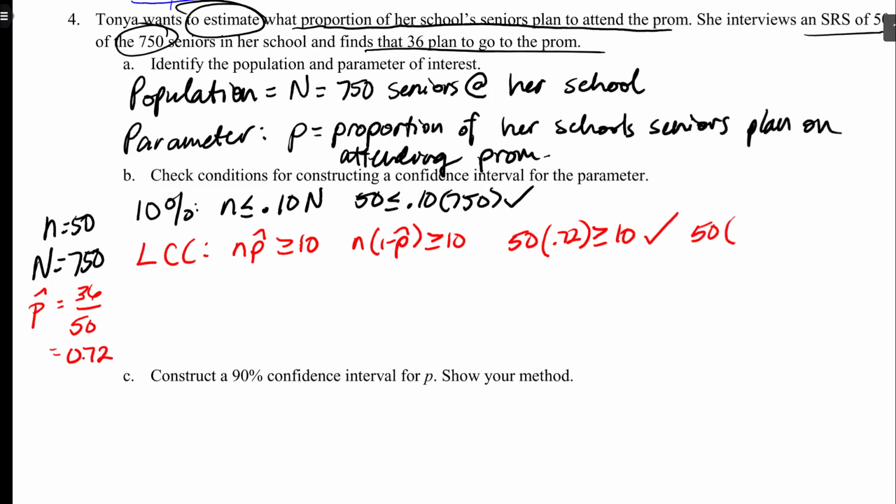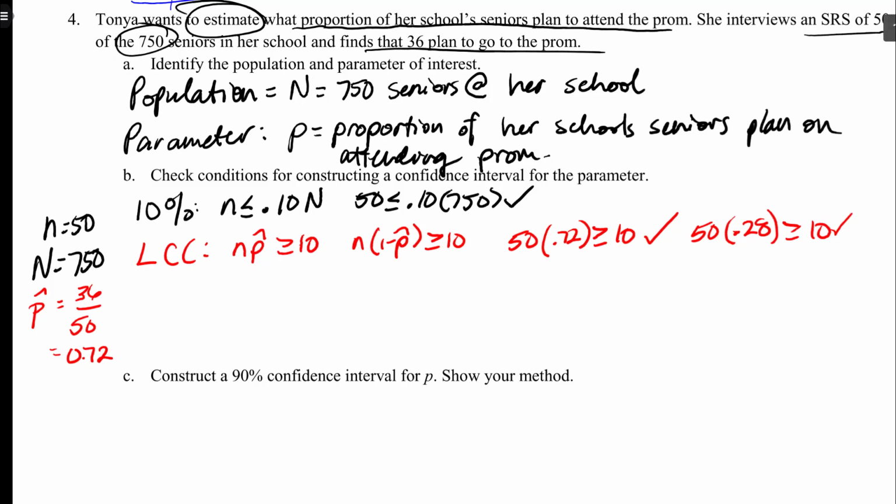So I check 50 times 0.72, and then if 72% said they were going to attend the prom, that means 28% said they must not be planning on attending prom. But 28% of 50 is still going to be greater than 10, so I can say that my LCC is checked.